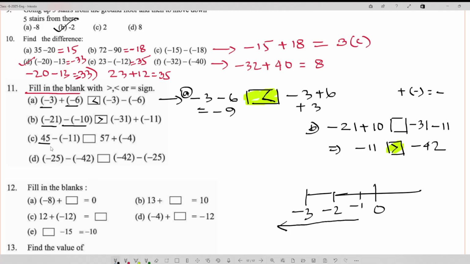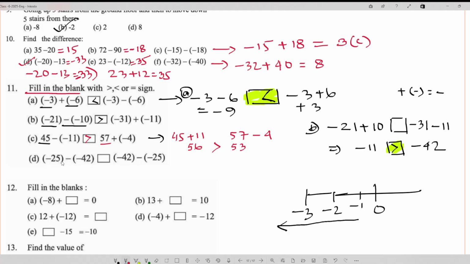Here is 45 minus and minus, it means plus 11. So this is 45 plus 11, and here is 57 and plus and minus, minus 4. So 45 plus 11 is 56, and here is 53. Which one is larger? The larger is 56. So the sign is like this.